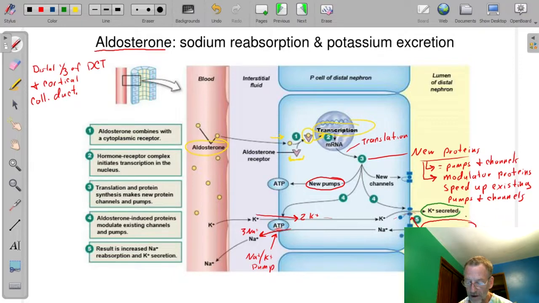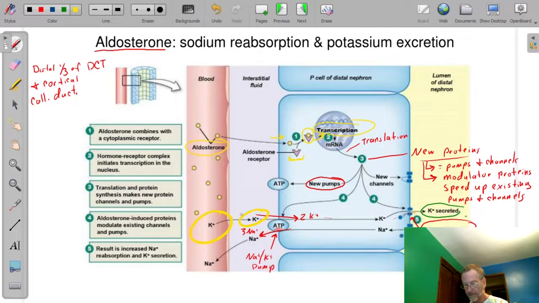So the yellow is the urine, is the waste. The sodium is being reabsorbed from the lumen, from the urine, or what's going to become the urine, back into the blood, but the potassium is leaving. More potassium is flowing out, so we have to watch for that.